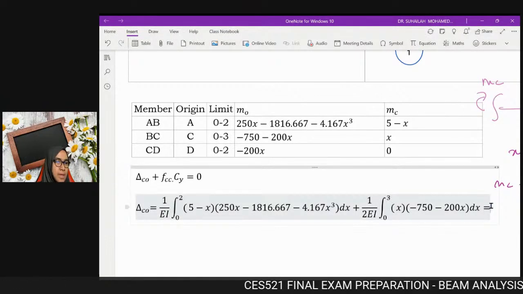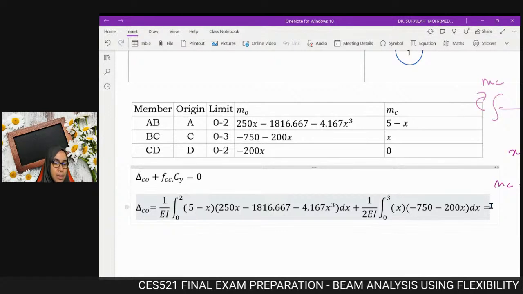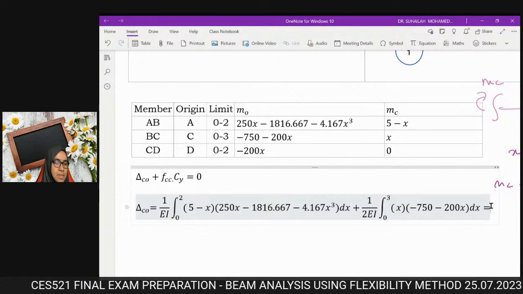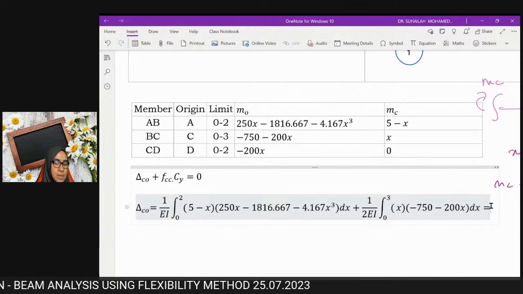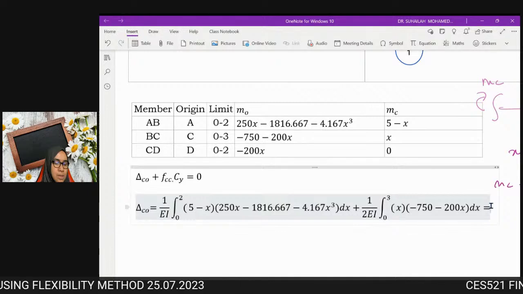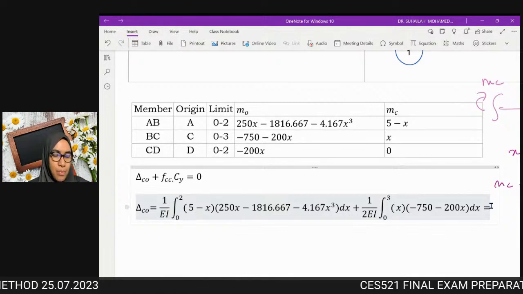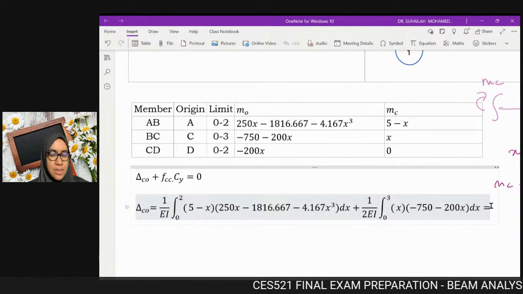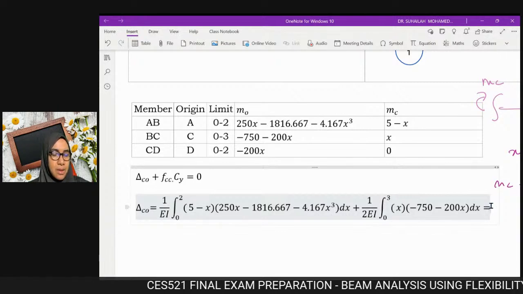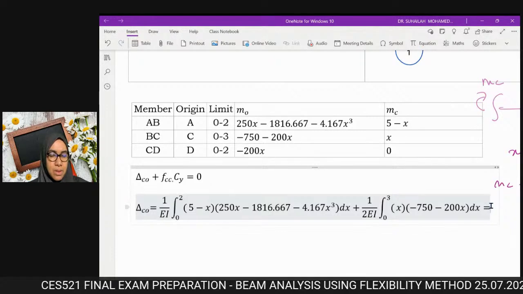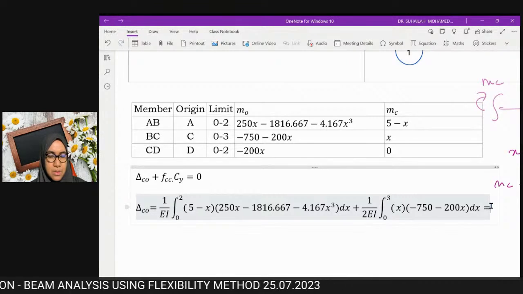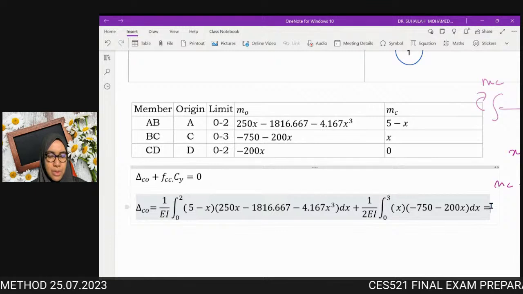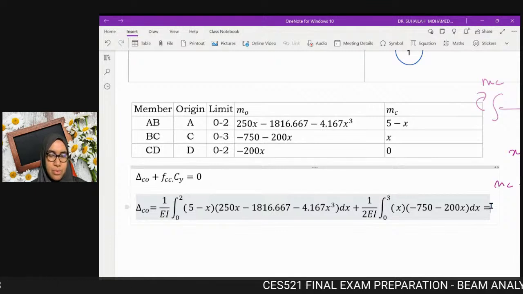Okay, let's calculate the value. We integrate 5 minus x times 250 minus 116.667 minus 4.167 x cube. We put the limit from 0 to 2.